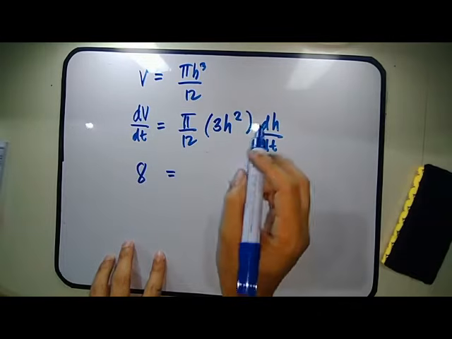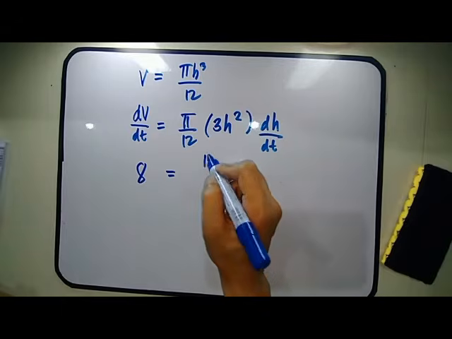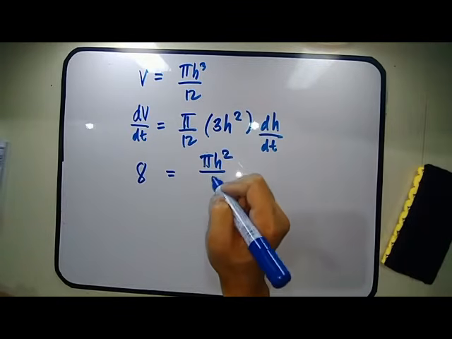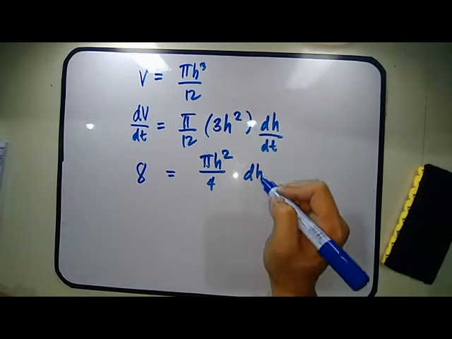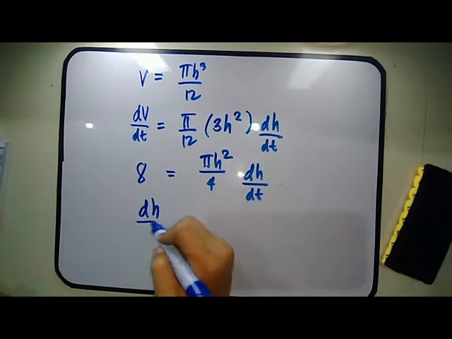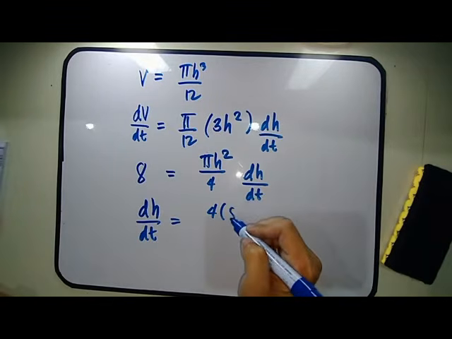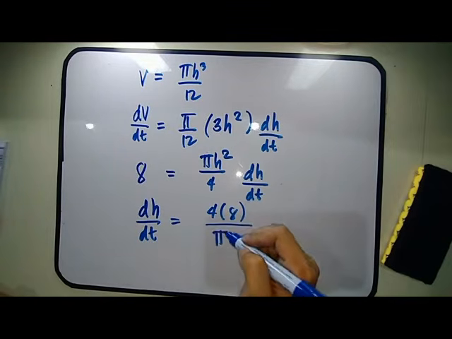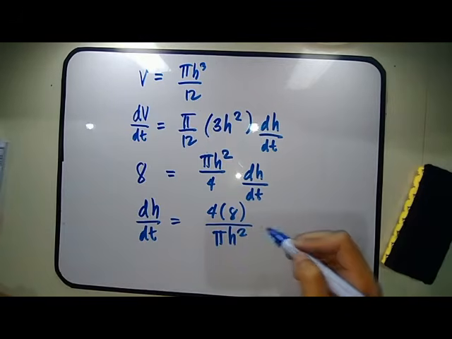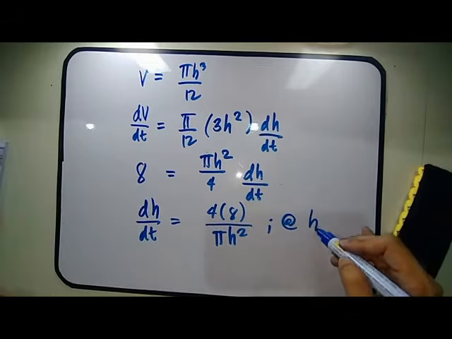So 3 over 12 is 1/4, giving pi h squared over 4 times the differential of height with respect to time. Therefore, the differential of height with respect to time is equal to 4 times 8 all over pi h squared, where the height is 4.